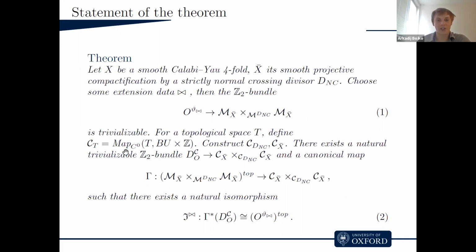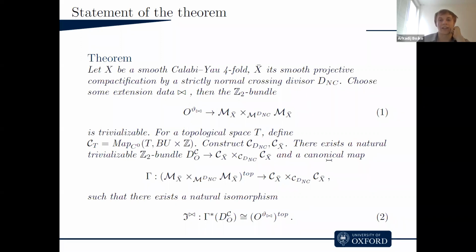If I have this notation that C_T is the mapping space from a topological space into BU cross Z, meaning that this is the topological space classifying K theory on T, there exists then a natural trivializable Z2 bundle on C X bar cross C D and C C X bar, so the fiber product of K theory. So this could be also seen as K theory on X bar glued to another copy of X bar along the divisor at infinity.